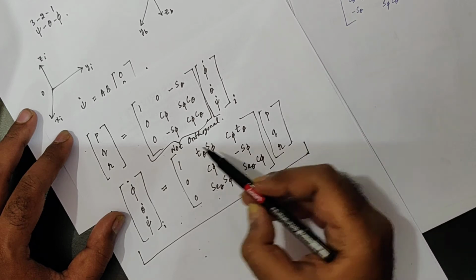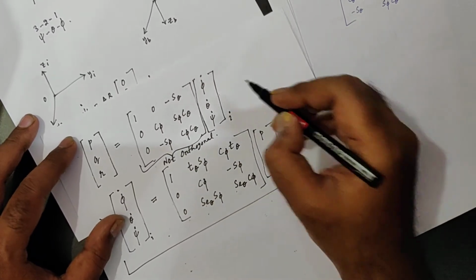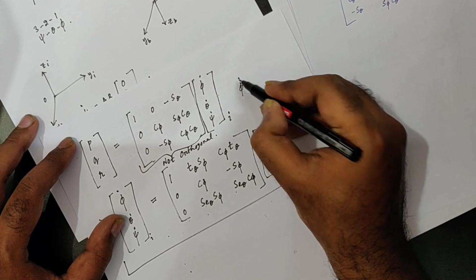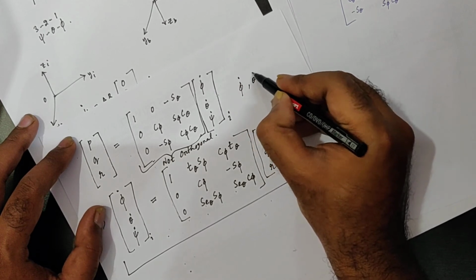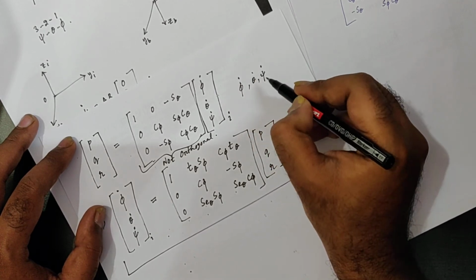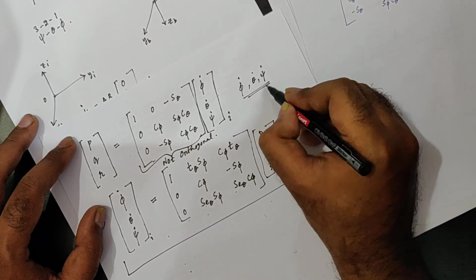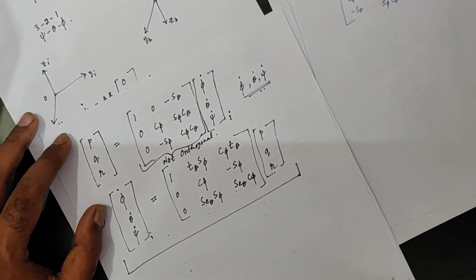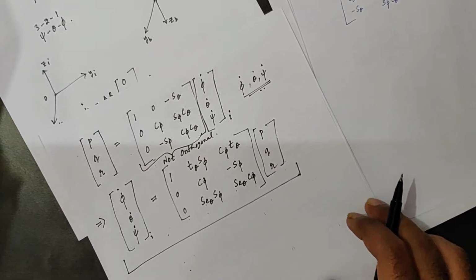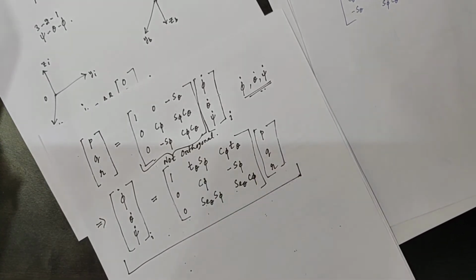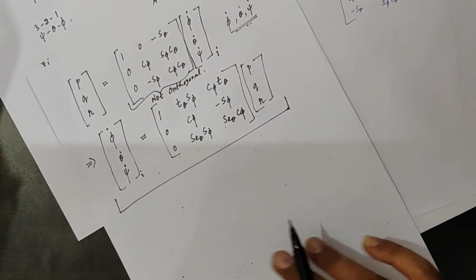Why is this not orthogonal? Because phi dot, theta dot and psi dot are not orthogonal, and because of that the matrix is not orthogonal.